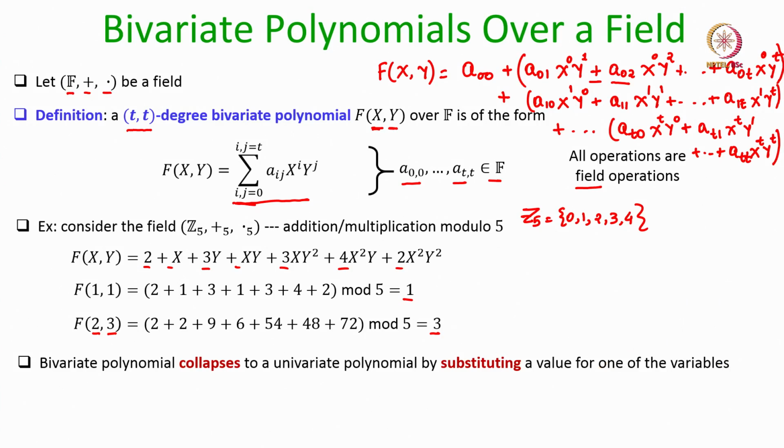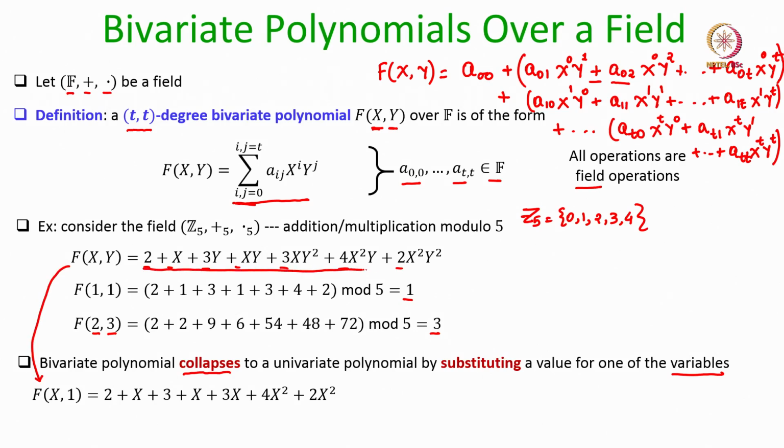Now, imagine you are given a bivariate polynomial in two variables. As soon as I substitute the value for one of the variables, the bivariate polynomial collapses or reduces to a univariate polynomial. So, again for instance, if I take the same example here, if I substitute y equal to 1 in this bivariate polynomial, then you can see that the resultant polynomial will be a polynomial only in the variable x.